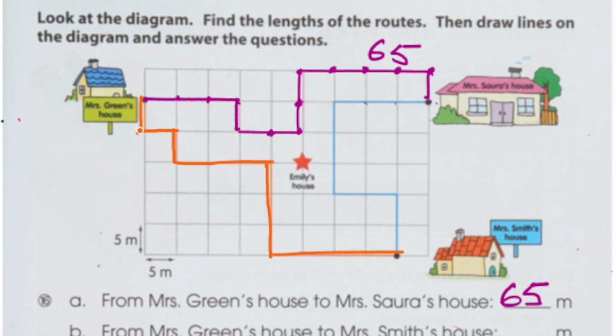So this is 5, 10, 15, 20, 25, 30, 35, 40, 45, 50, 55, 60, 65. So this is 65. From Green's house to Mrs. Smith's house, this is 65.